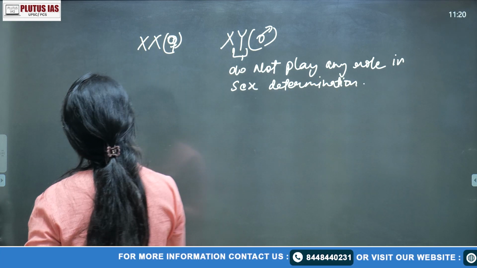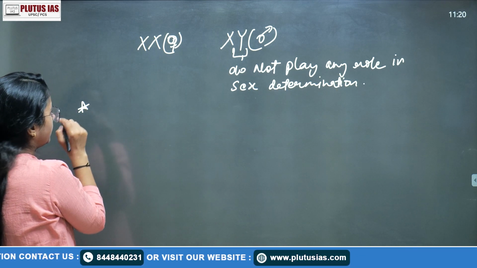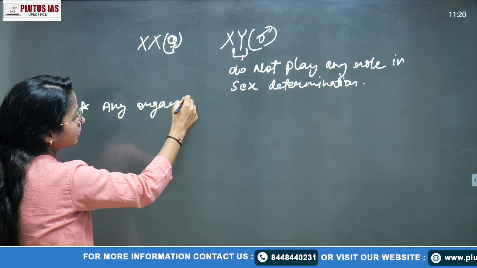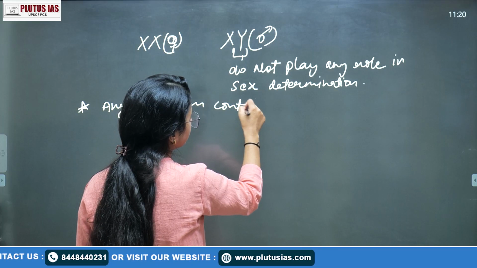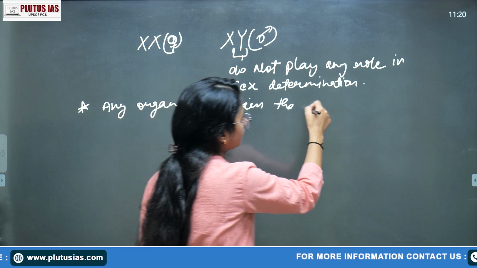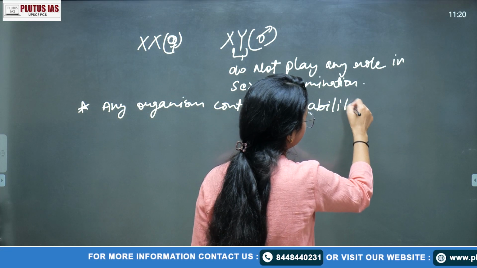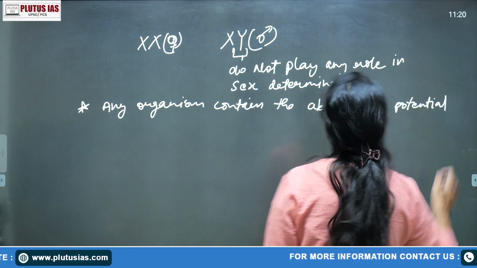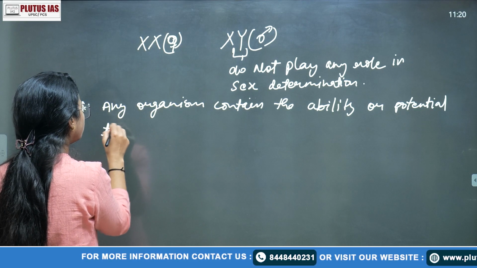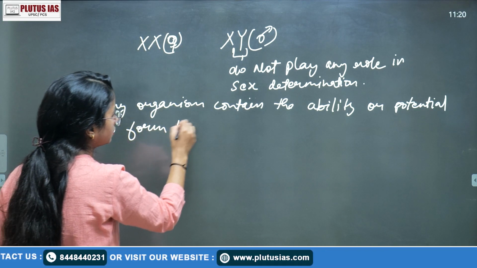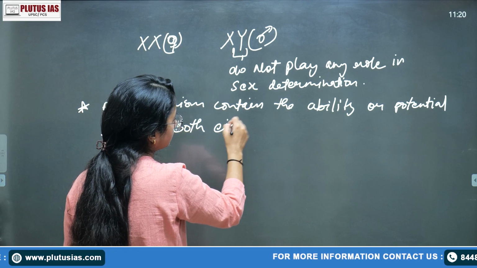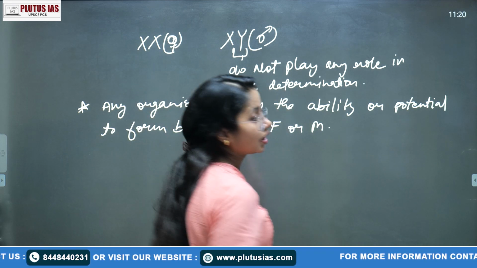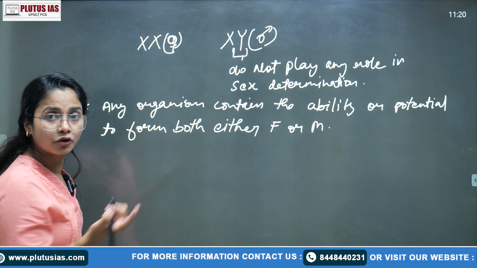The second thing he has said is that any organism contains the ability or potential to form either female or male. The Y chromosome does not contain anything.